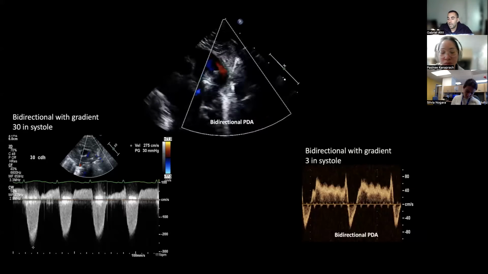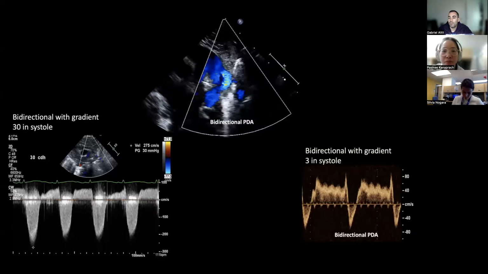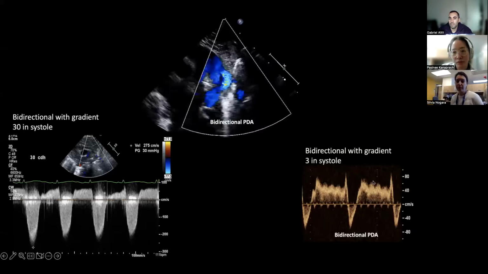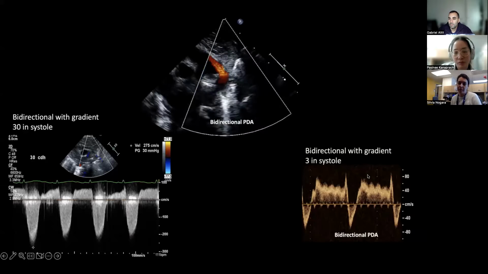Because large duct, low velocities, majority of it is left to right. And as the baby becomes older, and the PVR are dropping, you're going to start losing this right to left component. You're only going to see this pulsatile component.